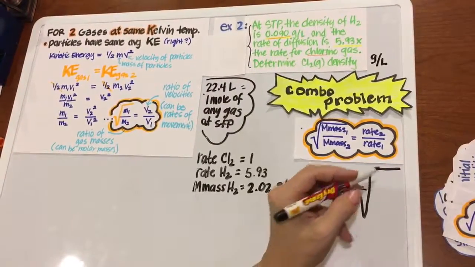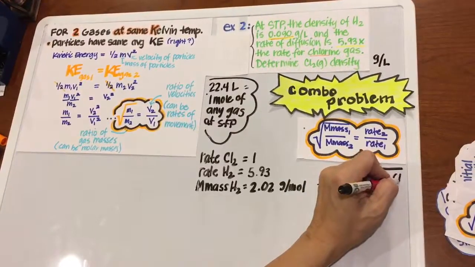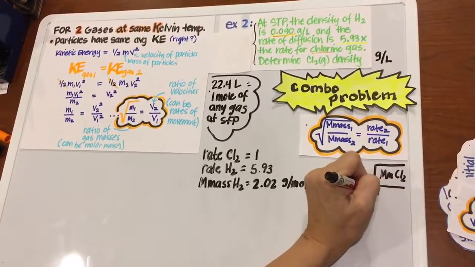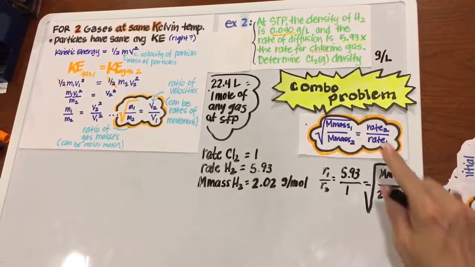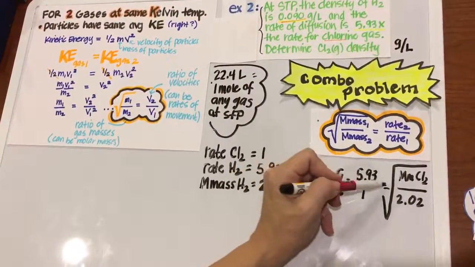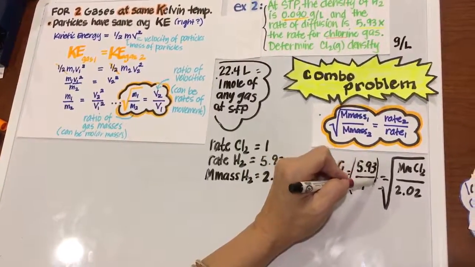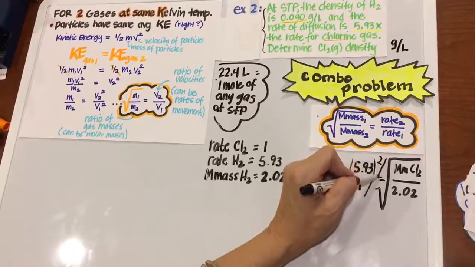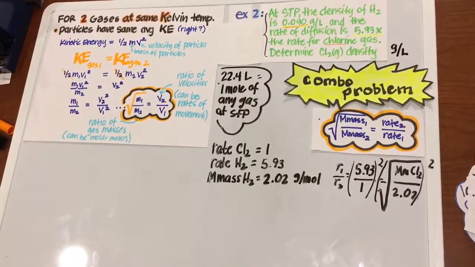So this is going to be whatever the molar mass of chlorine is divided by 2.02. This way I'm using the data given to me in the problem to solve. Now what will I do with this square root? I'm going to have to square both sides of this equation to get this to work.